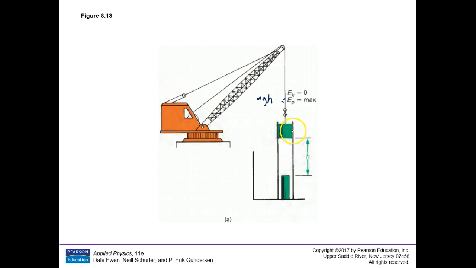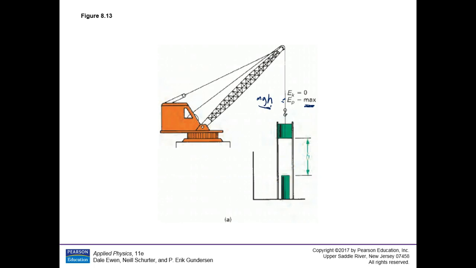Now, when you're up here, your gravitational potential energy is at the maximum. You pulled it up with your crane, got it to the top of that cylinder, and what you're going to do is let it fall. And when it falls, it's going to go down there. So the gravitational potential energy is the maximum right there, and that's your mgh, where h is the maximum height above the top of the pile.